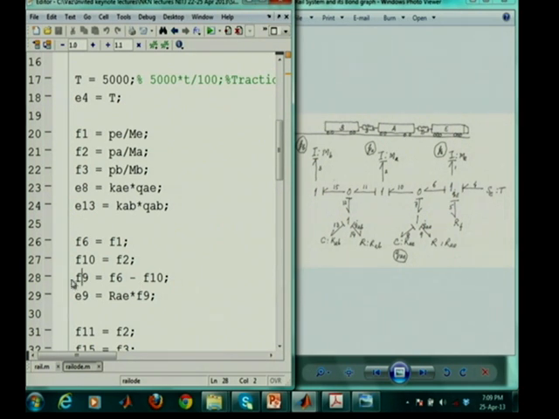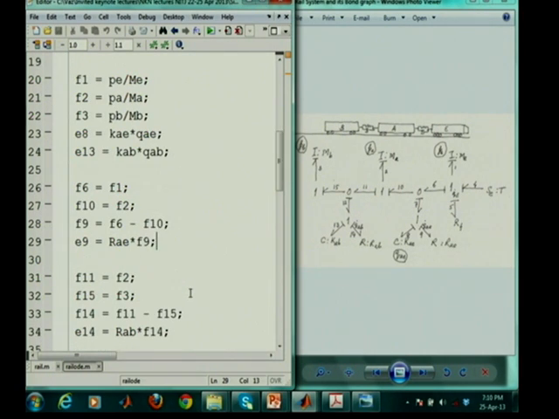So you can write flow 9 as flow 6 minus flow 10. What is flow 6? Flow 6 is the same as flow 1. And what is flow 10? Flow 10 is the same as flow 2. And both flow 1 and flow 2 have been defined earlier on line 20 and 21. So this part is done.